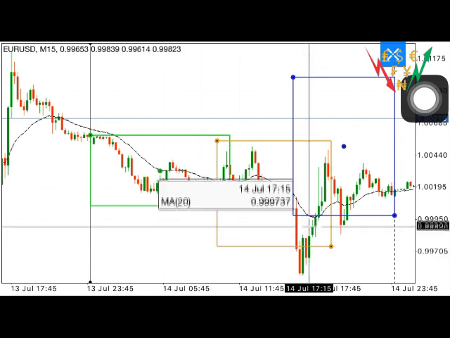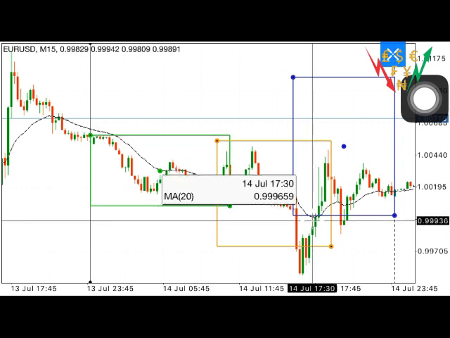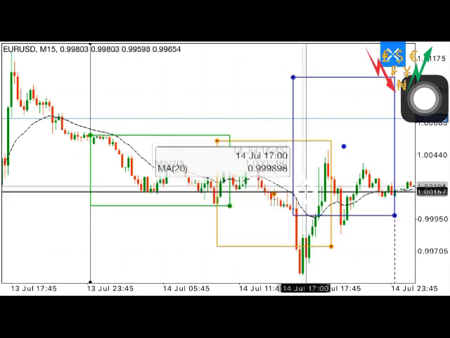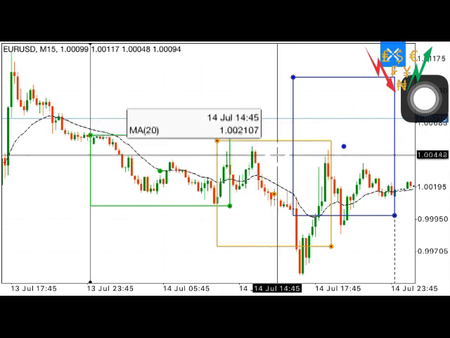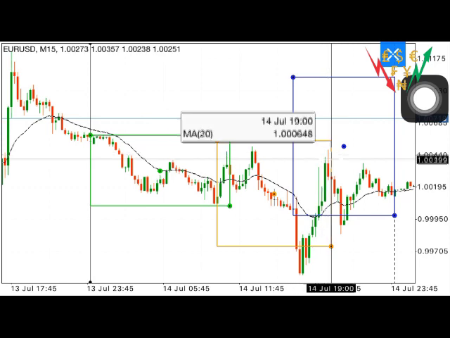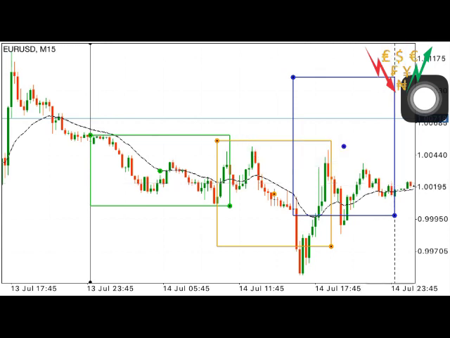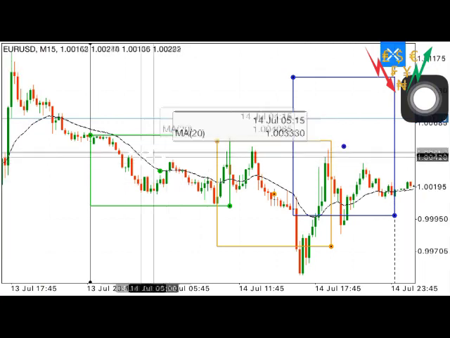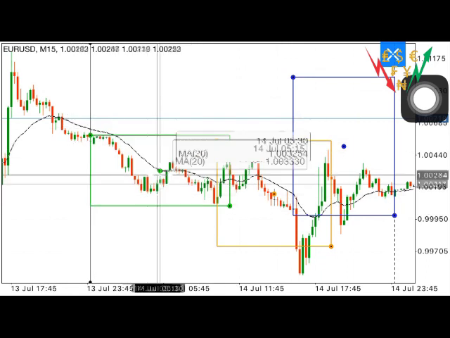Now when the New York session started, you can see that the London session had made its own high and its own low. This is the London session high, and this is the London session low, the lowest point before the London session ended and the New York session started. At this point, you can see that new lows have been forming, and the market is going up again within that range.